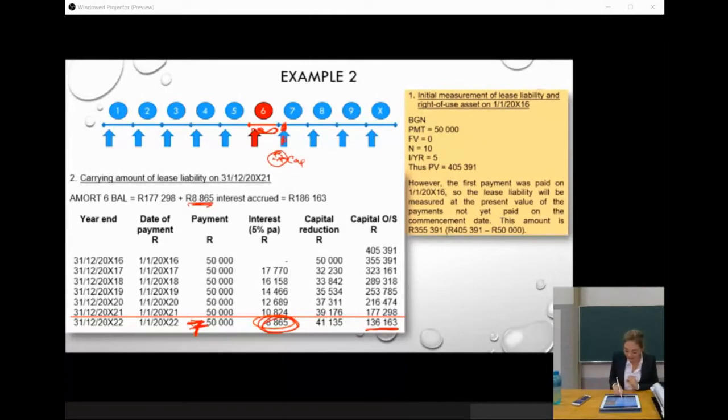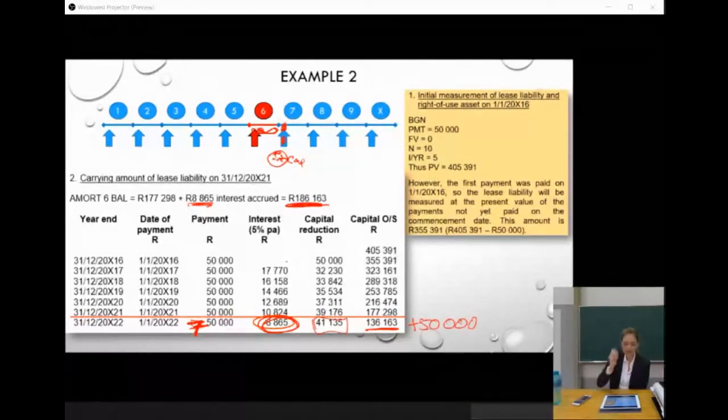So you will have to add back the capital amount of the payment, 41,135. No, wait. It is the 50,000. Capital outstanding. Well, yeah, it does give us the same amount if you add the 50,000.